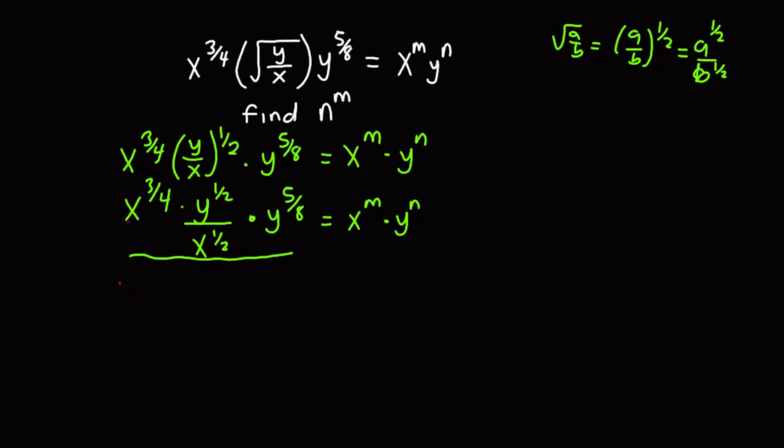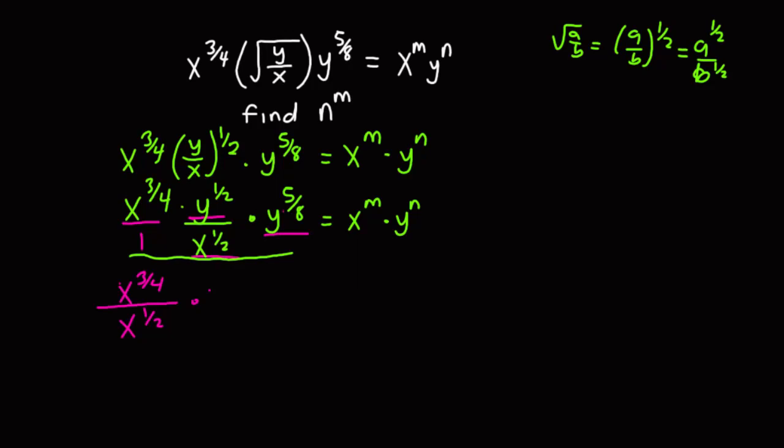Since I have x here and I have another x here, remember this is over 1, rearranging, I can say that x exponent 3 on 4 divided by x exponent 1 on 2, and this is going to multiply y exponent half and y exponent 5 on 8.